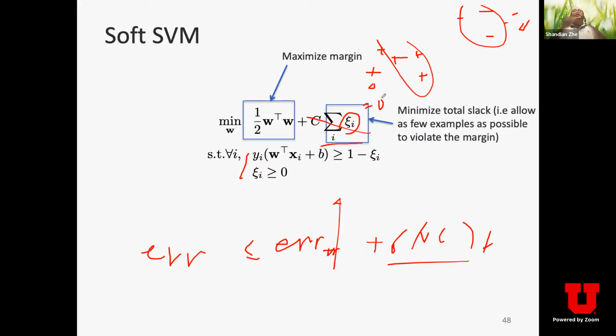They must stay outside the margin. That's one extreme case. The other extreme case is that all ξi are bigger than 0, which means all the examples can be excluded. So you need to find the best trade-off between the two extreme cases. That's why we need to consider both: one is to maximize the margin, the other is to minimize the slack.